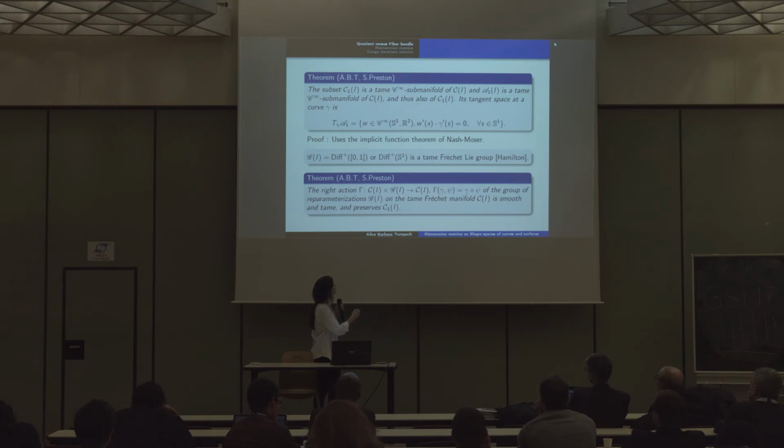This uses the Nash-Moser theorem. You can apply the group of diffeomorphisms of your interval [0,1] on it, which is a Fréchet tame manifold, a tame Fréchet-Lie group, in fact.